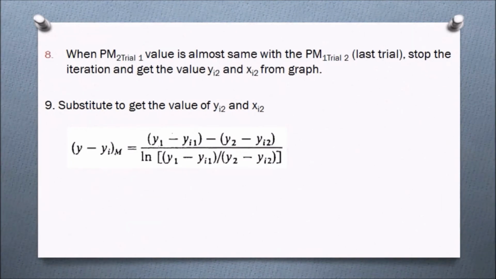When PM2 for trial 1 and PM1 for trial 2 are almost the same, then we can stop the iteration and the values of yi2 and xi2 can be obtained from the graph. Next, substitute yi2 and xi2 into the formula.